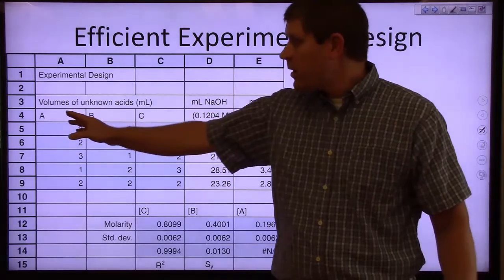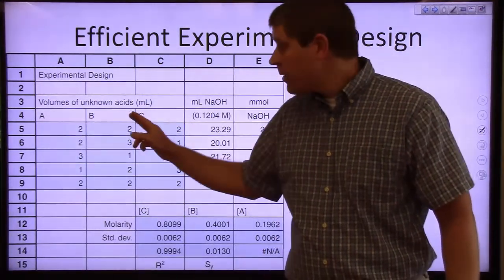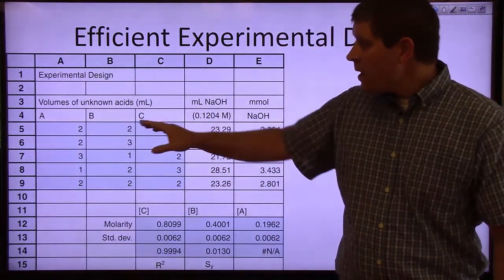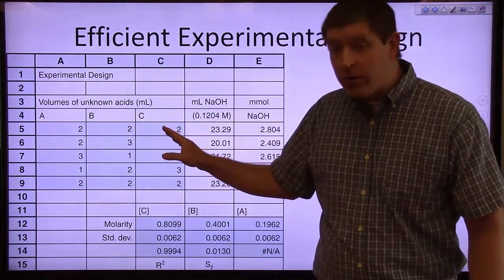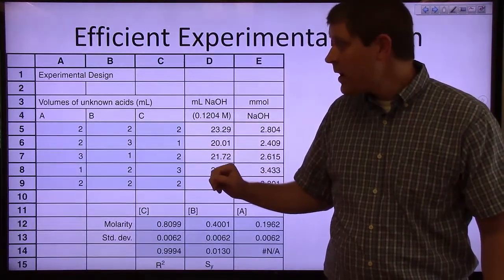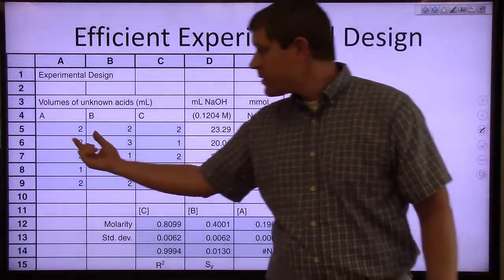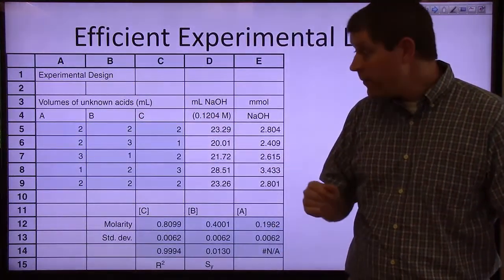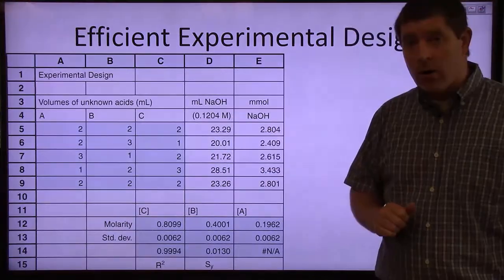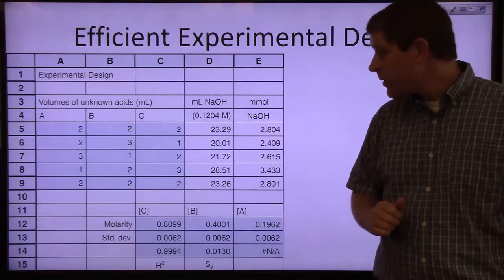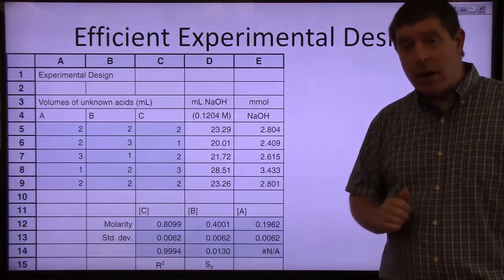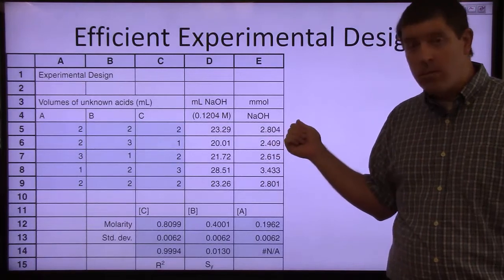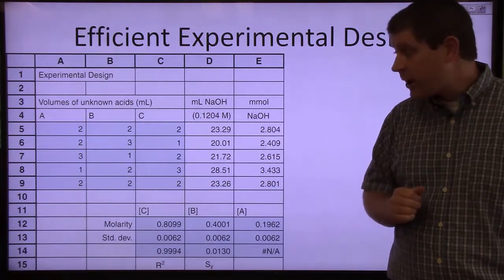So what does that mean? We know we've got our 3 different acids, A, B, and C. If we show here the volumes of each of those that we're going to take in any one sample, so we'll take, say, 2 milliliters of A, 2 milliliters of B, and 2 milliliters of C, and then we titrate that with our strong base, like sodium hydroxide. We measure out the volume that we need. We can calculate then the number of moles of our sodium hydroxide that we used.